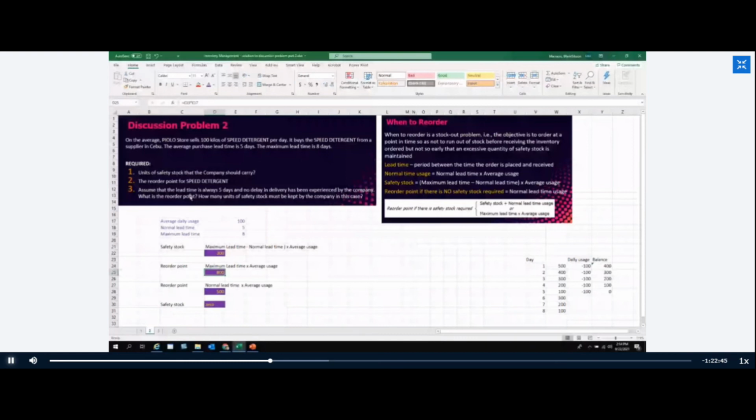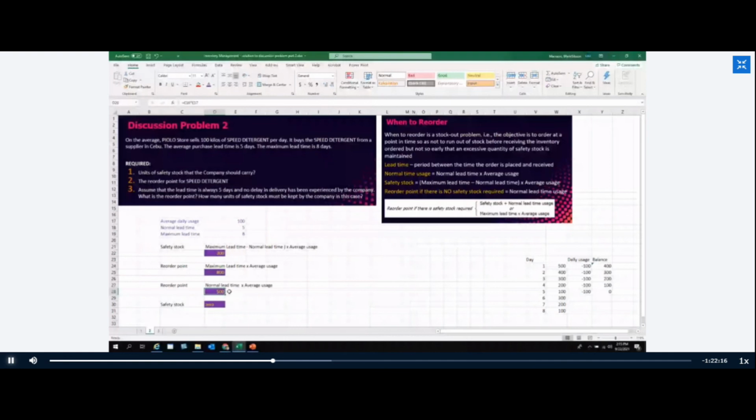So ayan, nakalagay din naman sa formula natin, reorder point, if there is no safety stock required, is the normal lead time. O paano ko ulit compute ang normal lead time? It's normal lead time multiplied by the average daily usage. So therefore, that's 5 multiplied by 100. Pero dito nga sa number 3, dahil nga sinasabi is 5 days lang, very perfect, no, ang scenario.